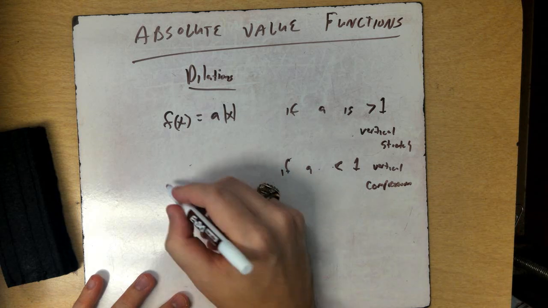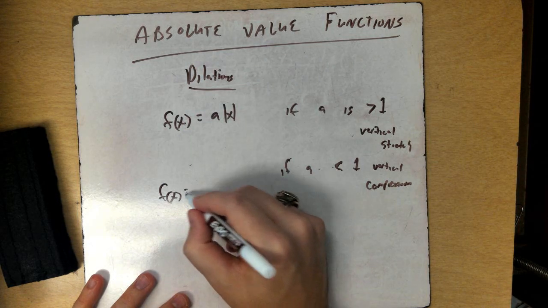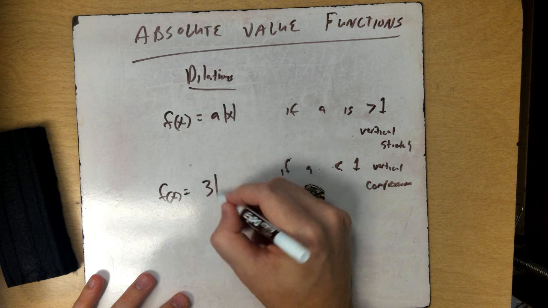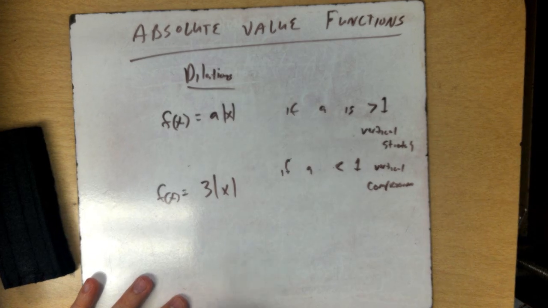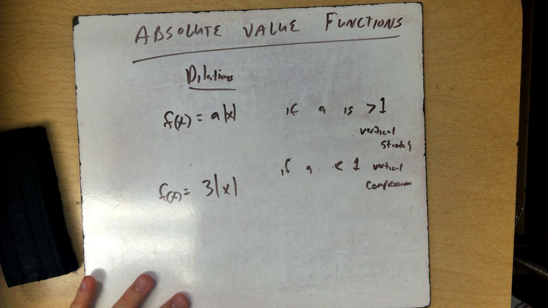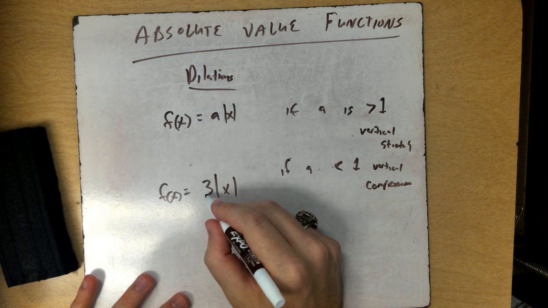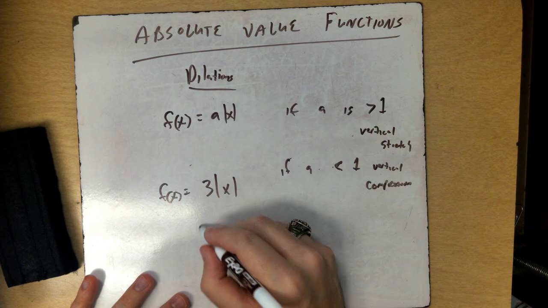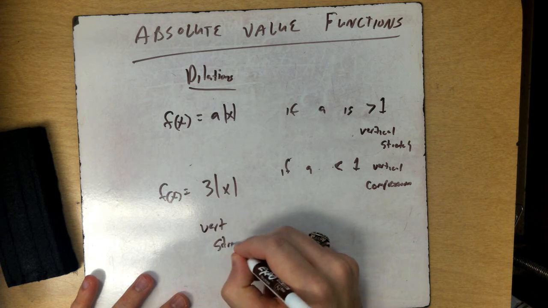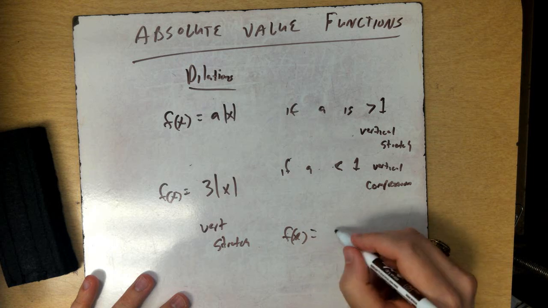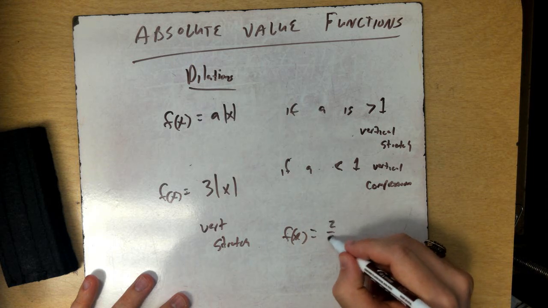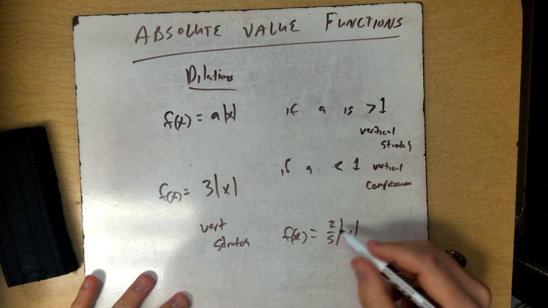So now if we have f of x equals 3 times the absolute value of x, then we know this a is bigger than 1, so it's going to be a vertical stretch. And if f of x is 2/5 times the absolute value of x, this is less than 1.